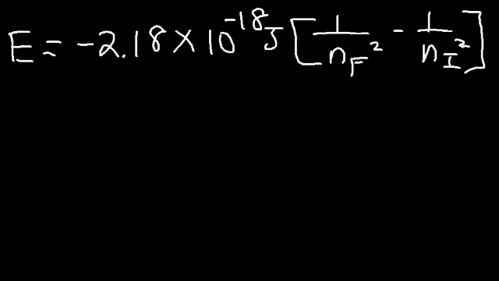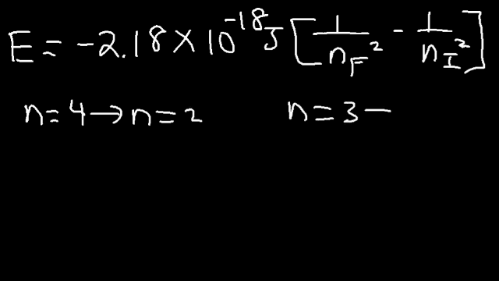So let's say an electron moves from the fourth energy level to the second energy level, compared to the third to the first. Which transition releases more energy? Is it from 4 to 2 or 3 to 1?